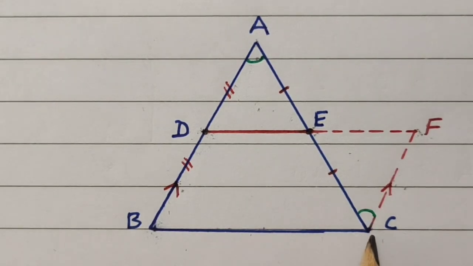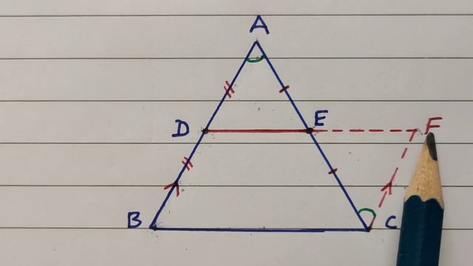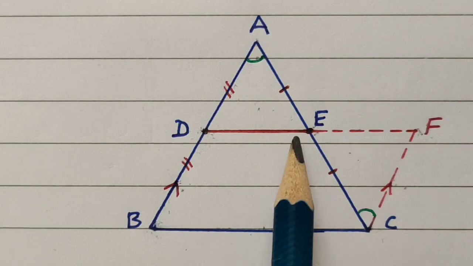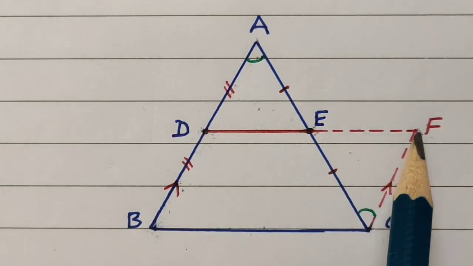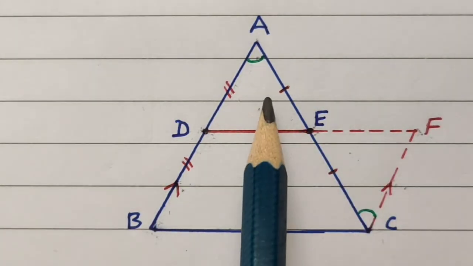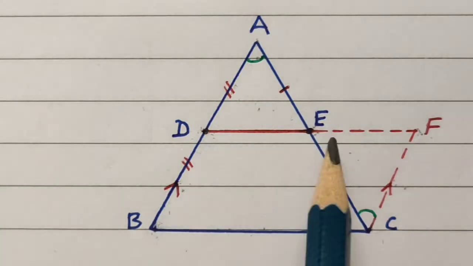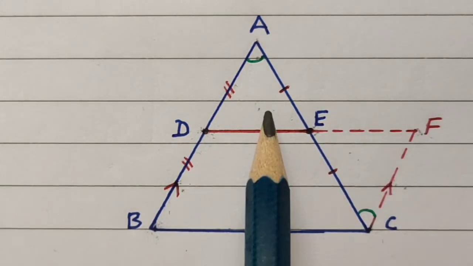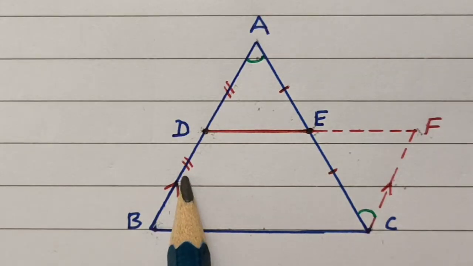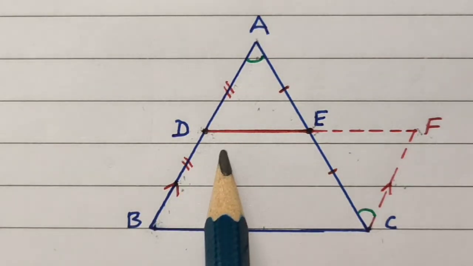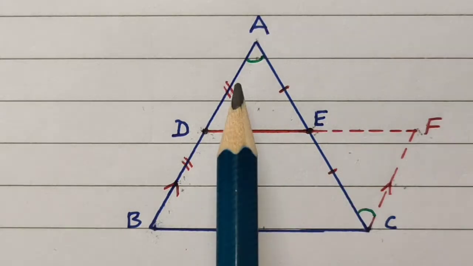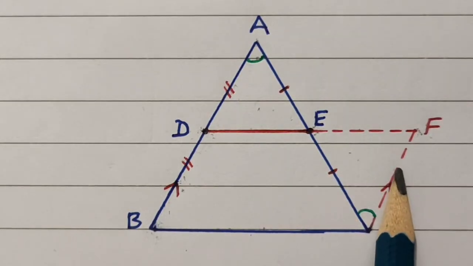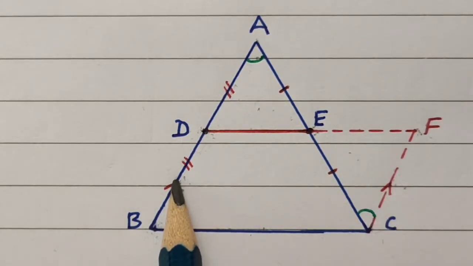The construction: through C, draw CF parallel to AB, meeting DE at F. Then prove AED is congruent to ECF. Because of these two triangles, this side is equal to this side.